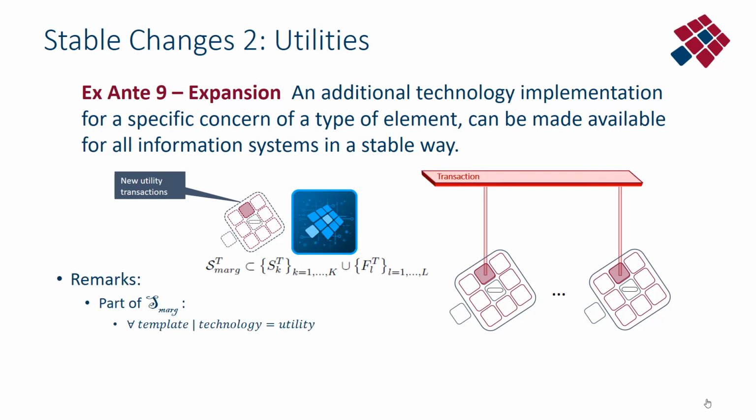So part of the marginal set is all the elements for which the technology corresponds to that utility. And you can even do it through configuration and define a setting or an option. Of course, once again, we suppose that the custom code craftings do not directly call into the utility frameworks. In case they would do that, which they shouldn't, then you could have additional changes required in the custom code.